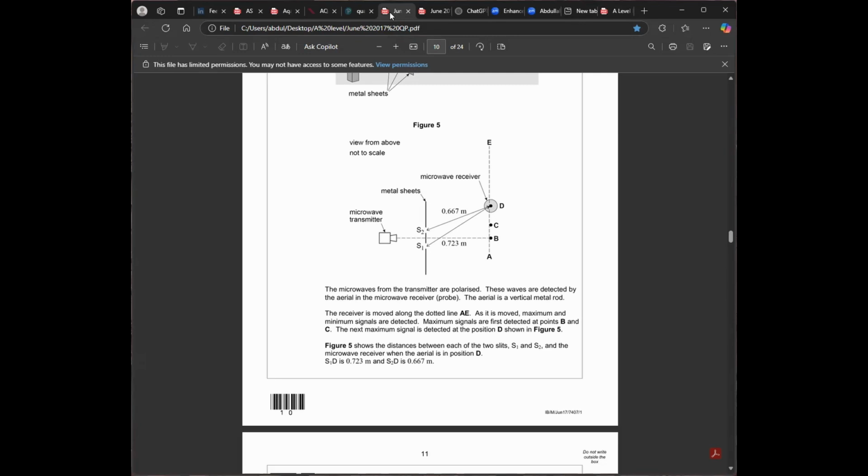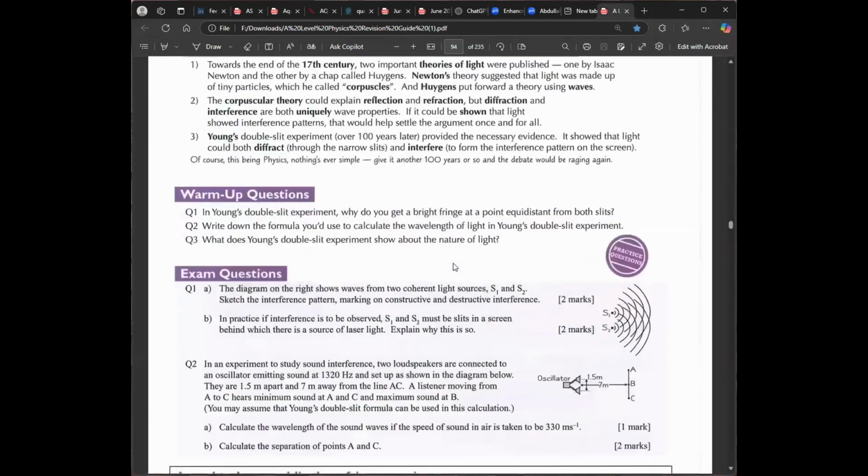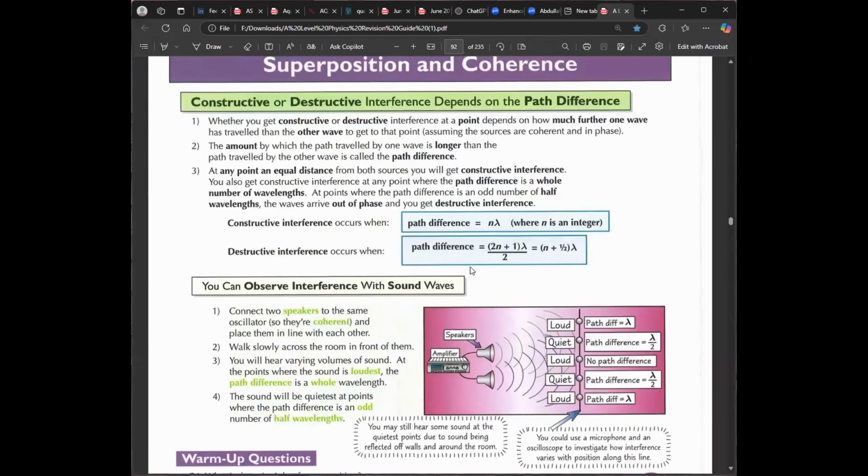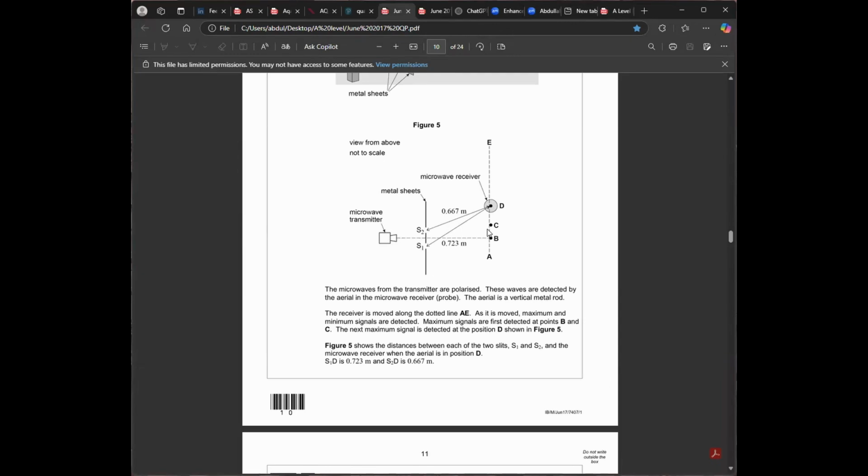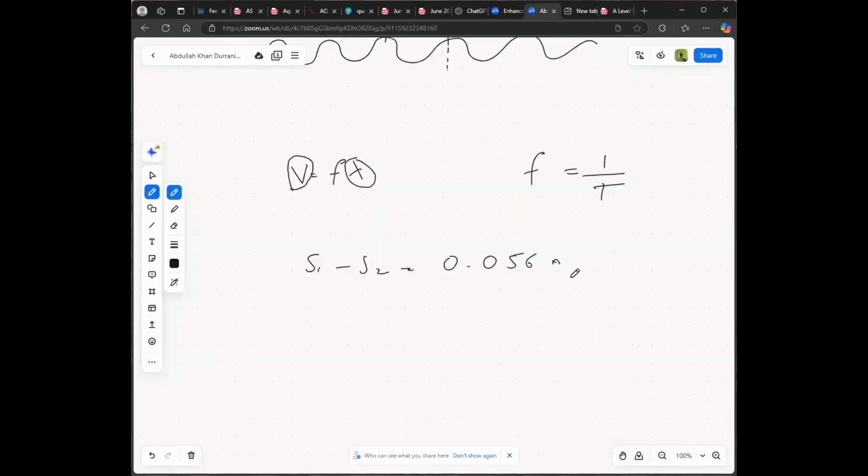I just subtracted them and then I got 0.056.